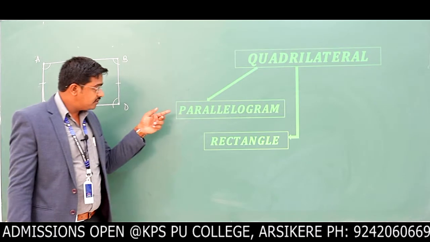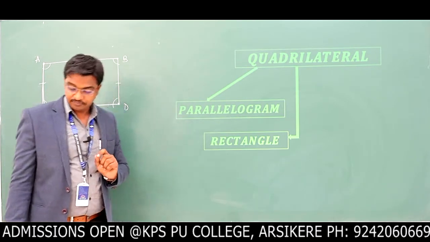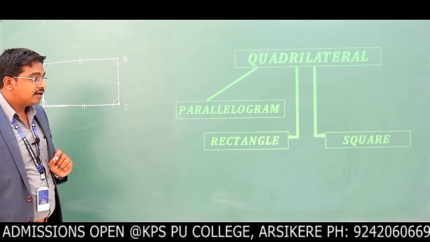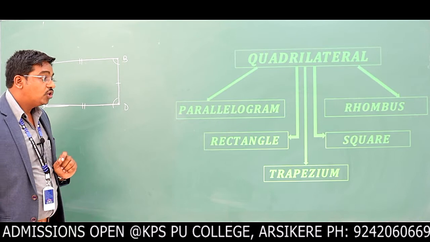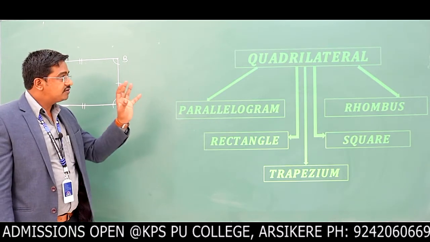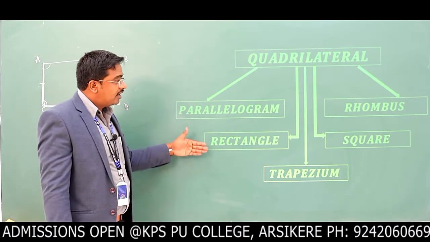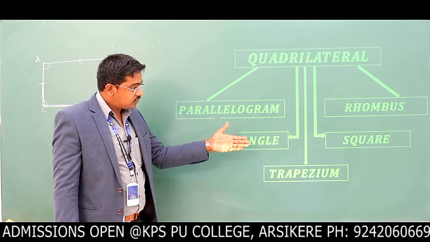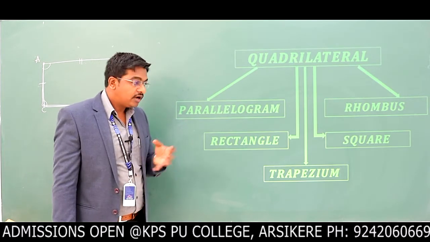What is the relationship or difference between parallelogram and rectangle? Let us discuss that too. Third one, square and rhombus, and the last one trapezium. So these are the 5 types of quadrilaterals: parallelogram, rectangle, rhombus, square and trapezium. Let us discuss what properties come here.